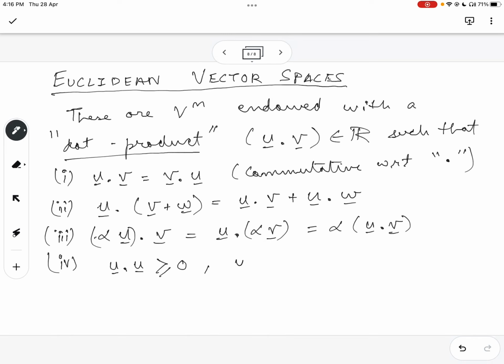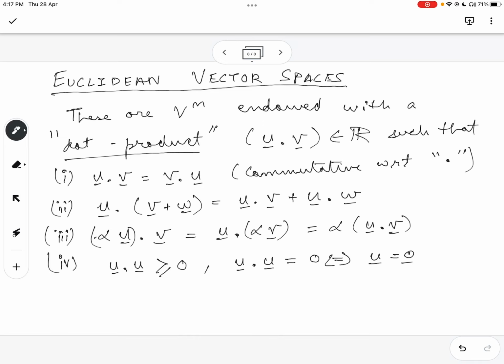And if the dot product is 0, that implies that the vector itself is 0. A non-zero vector cannot have a dot product with itself equal to 0.